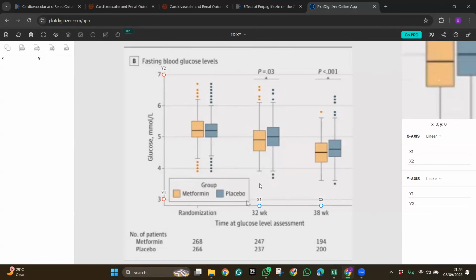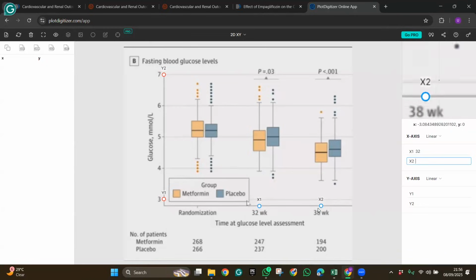So what I will do is write 32 here in x1. In x2, I place the dot x2 on 38, right? So I'll write 38 here. In y1, I'll write 3. y2, my upper limit for the y-axis, I'll write 7.